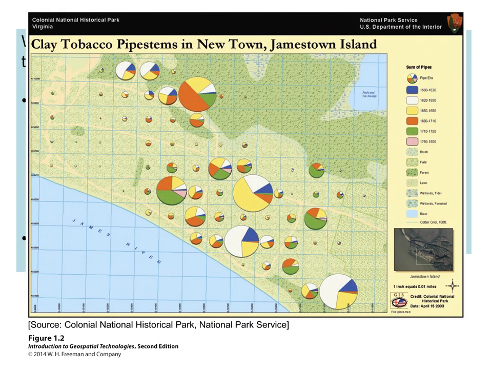Here is an example of how you can use this technology to increase or improve your study of history. This looks at archaeology from Jamestown Island, and they look at tobacco pipe stems and how they changed over the years.